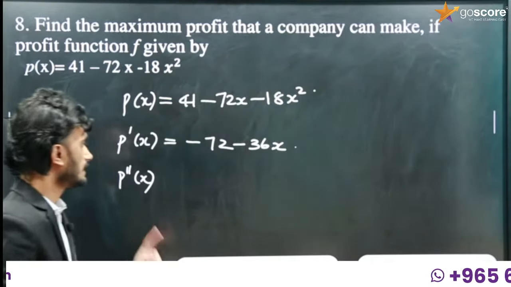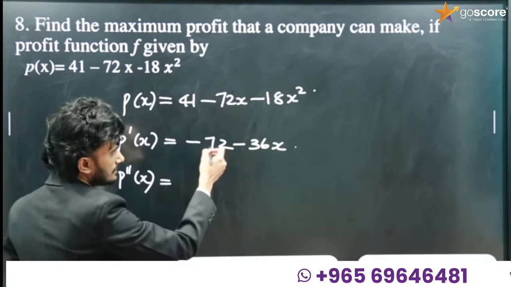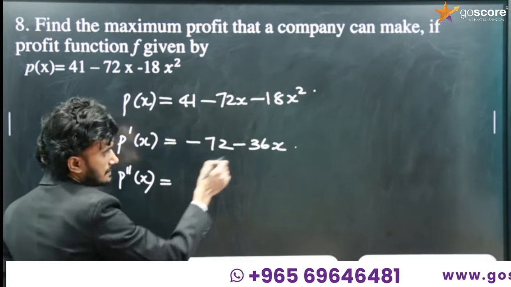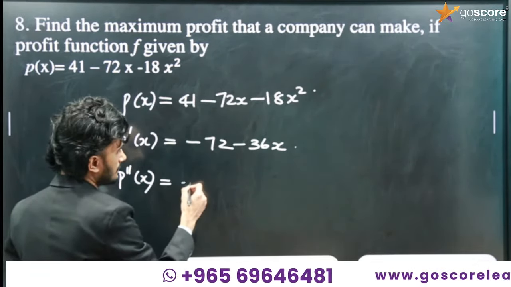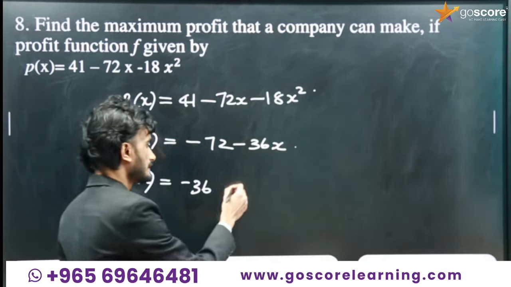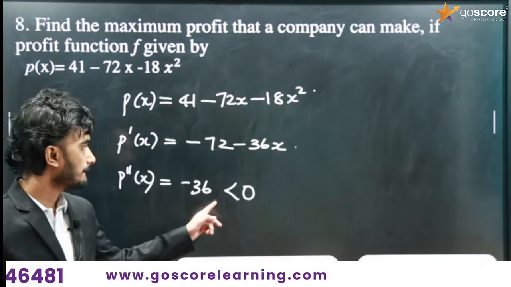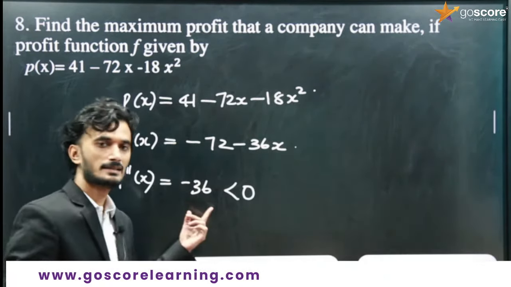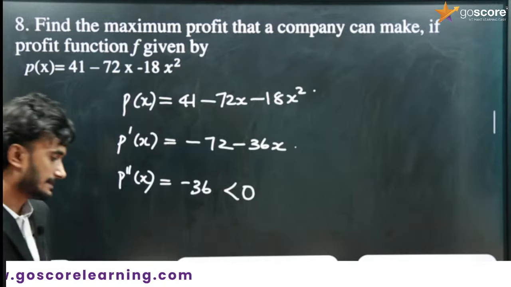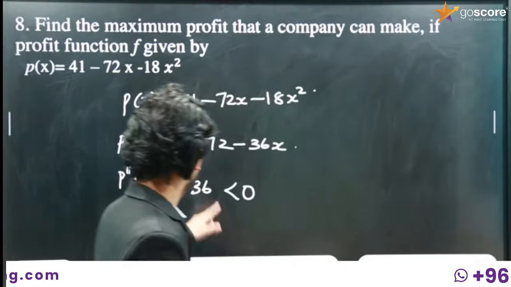The second derivative is 0 minus 36, so it is minus 36. Minus 36 is always less than 0, so it is local maxima.